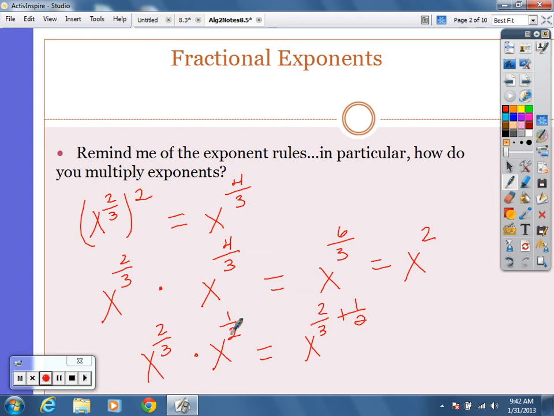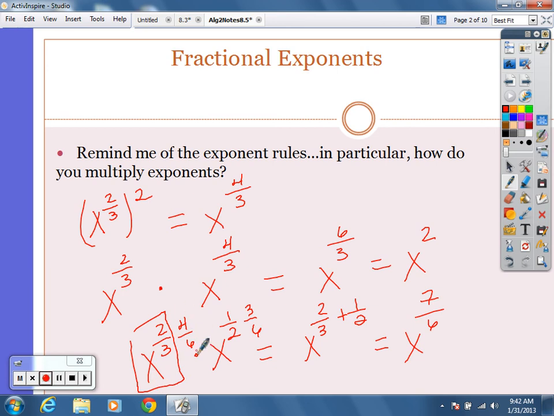Well, I could change them both so that I have a common denominator of 6, and I'd have 4/6 plus 3/6, which would be 7/6. But we changed the meaning of what this problem is talking about, because this x value here could possibly have negative values, and this one could not.